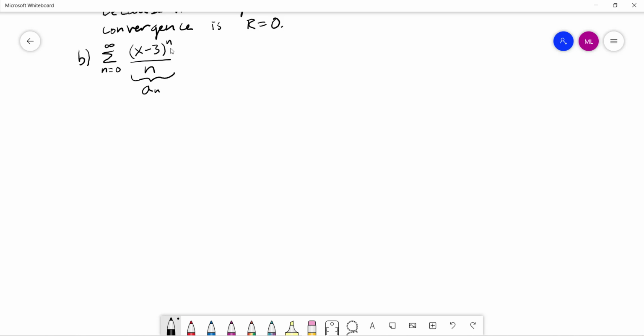So does this thing converge? Is it possible to make this thing converge? So I'm going to do the ratio test again. And again, just to remind you, let me write it out generically here. The ratio test says we take the limit as n goes to infinity of a sub n plus 1 over a sub n, and if it's less than 1, then it converges.